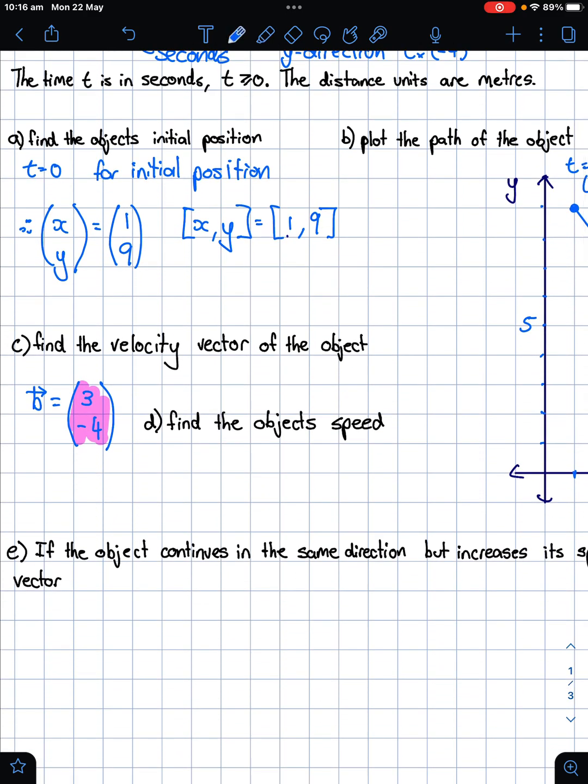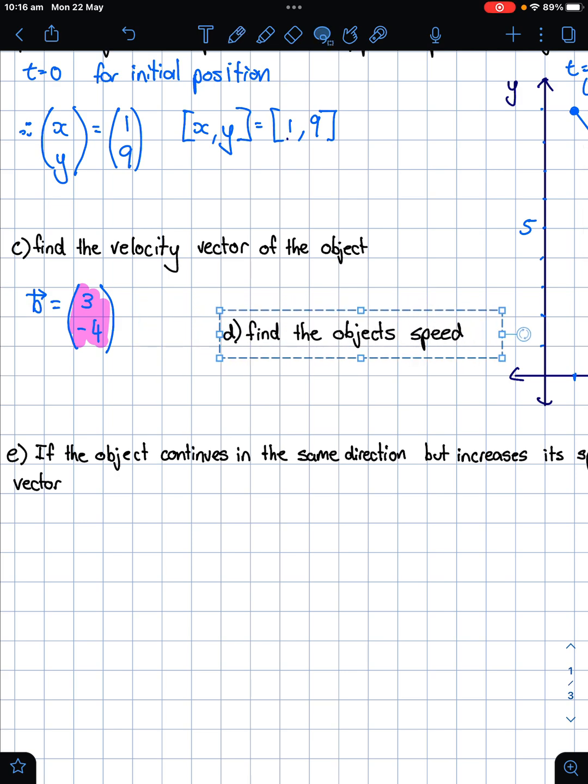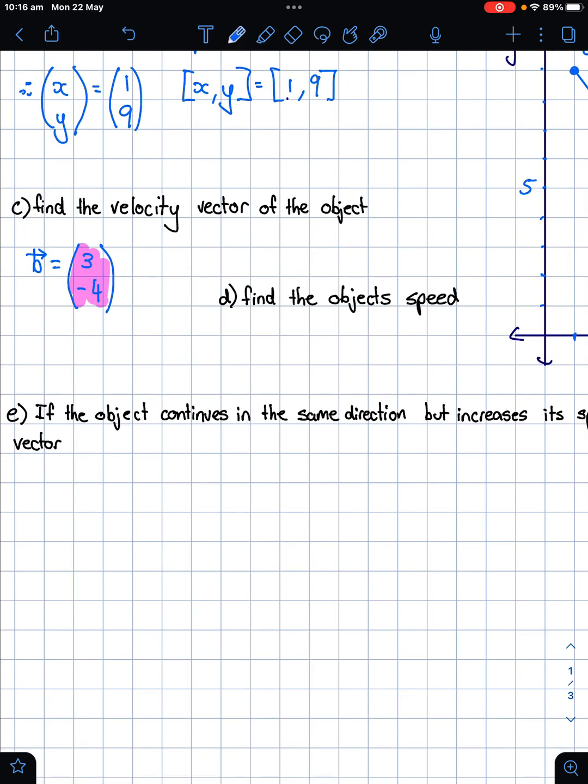Find the object's speed. Let's just move this a little bit over so it looks like it's in its own spot. Okay. Just going to write here is velocity vector, so it looks like I've stated my answer. Find the object's speed.